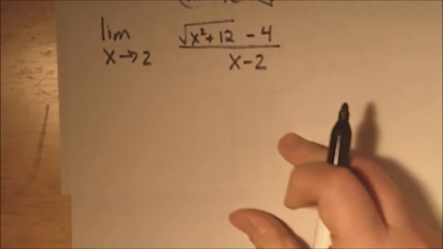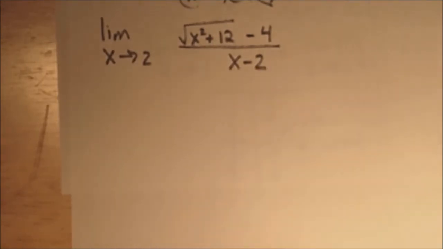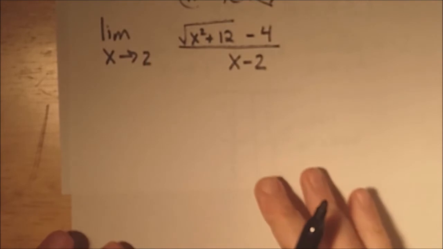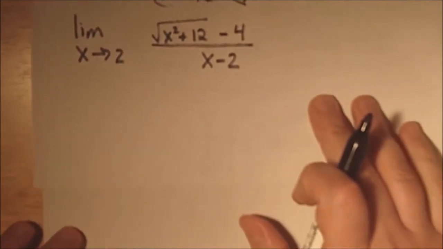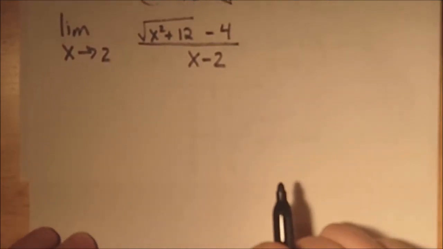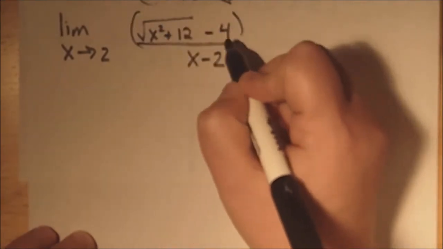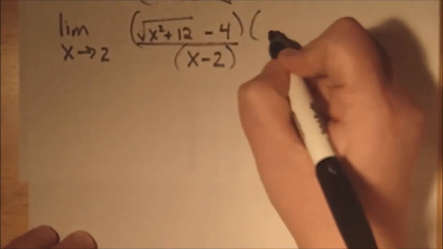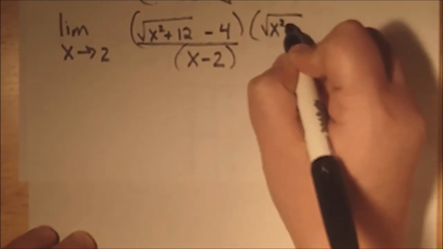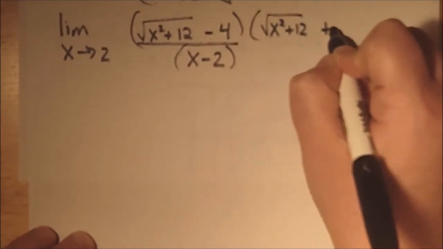So again, pause the video and try this example. Coming back, the conjugate would be the square root of x squared plus 12 plus 4.